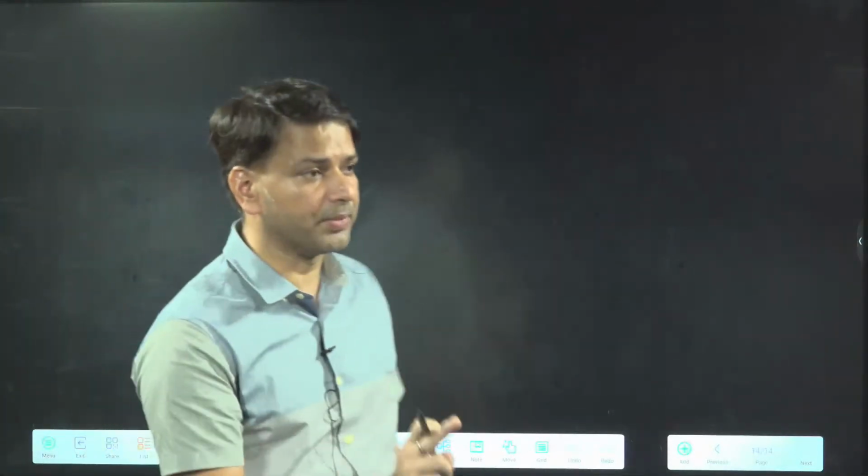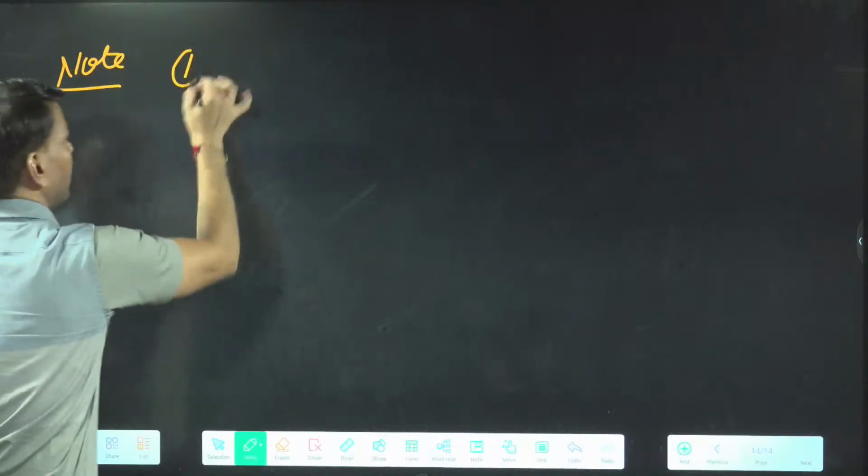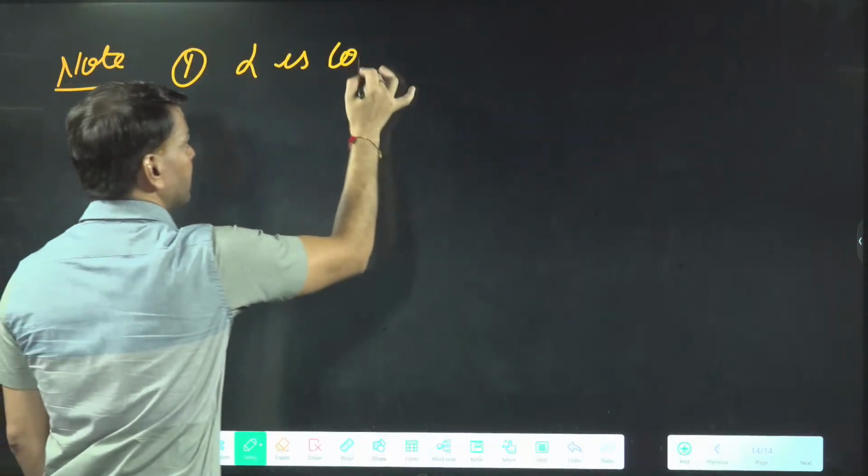And for any temperature change in a numerical problem, we will not consider the change in alpha. Understood or not? So alpha is the property of material, it does not depend on the length. For a given material, alpha will be constant.